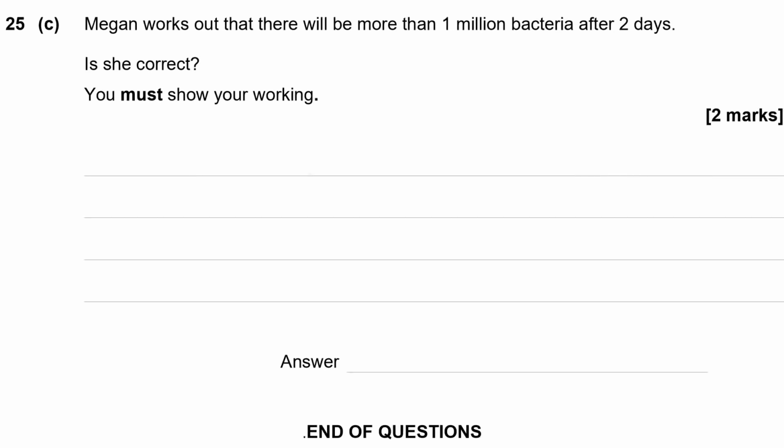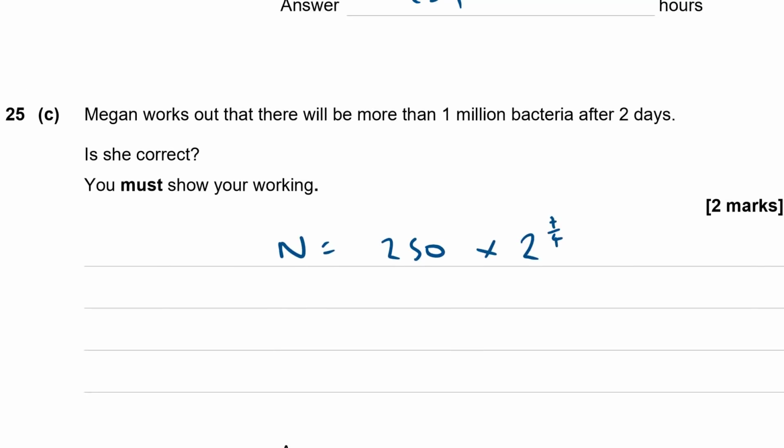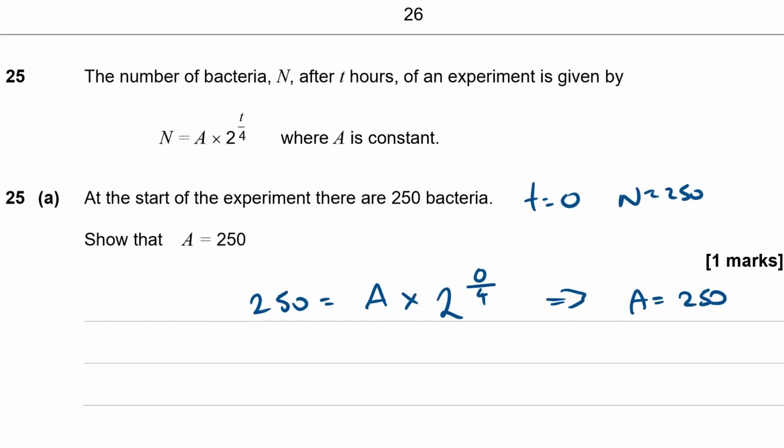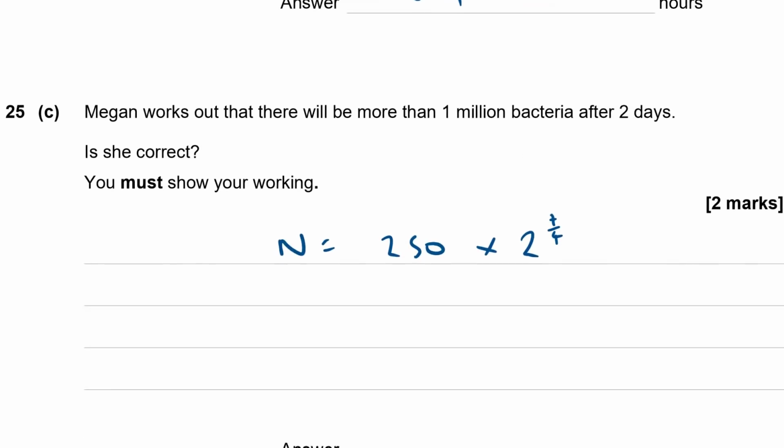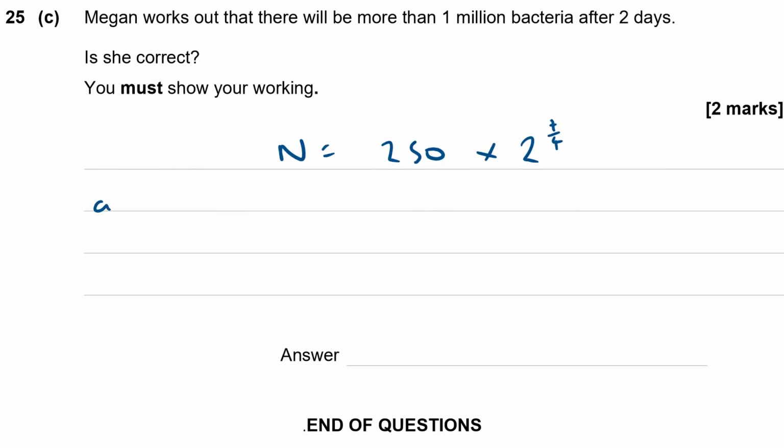And then finally, Megan works out that there will be more than 1 million bacteria after 2 days. Crikey. Is she correct? You must show your working. So if you remember that n is equal to 250 times 2 to the power of t over 4. Now, after 2 days, what does t represent? T represents hours, doesn't it? So after 2 days, we're talking t is equal to 2 times 24. That's 48 hours.